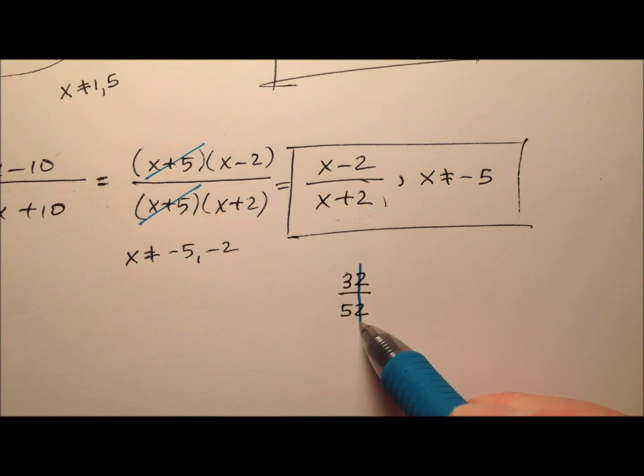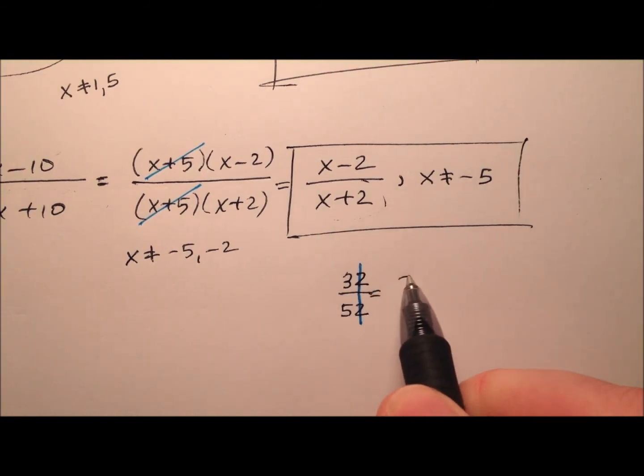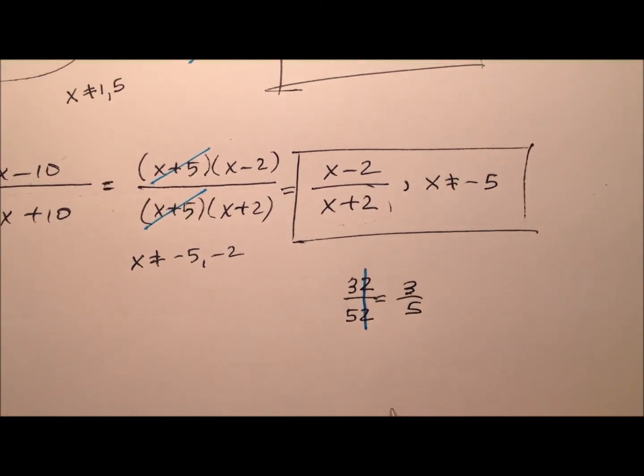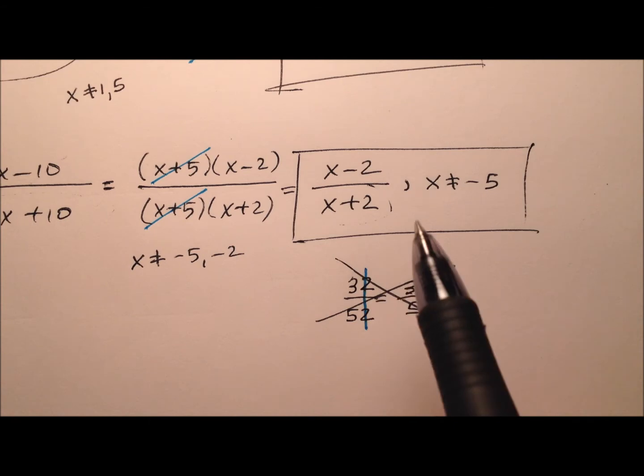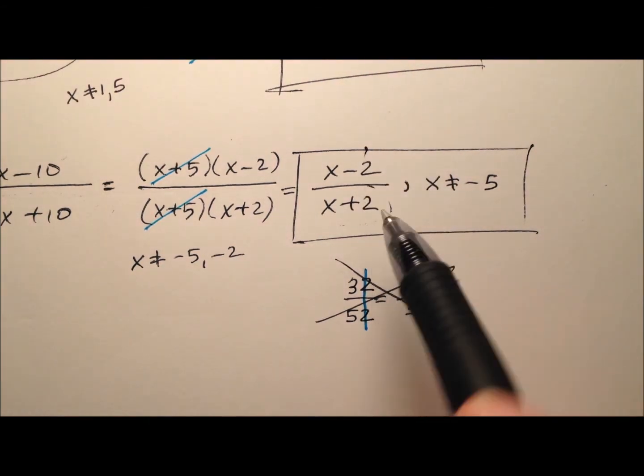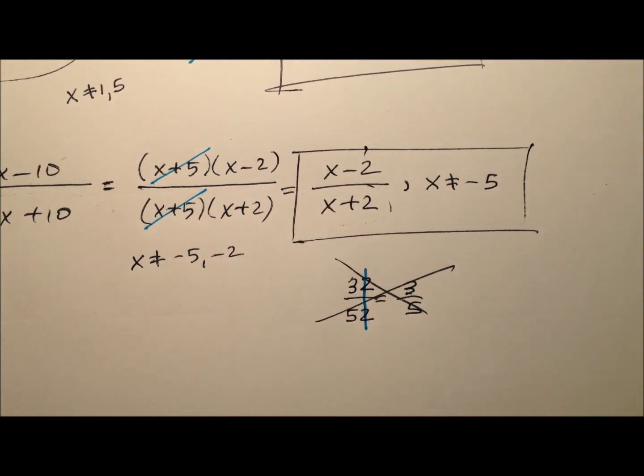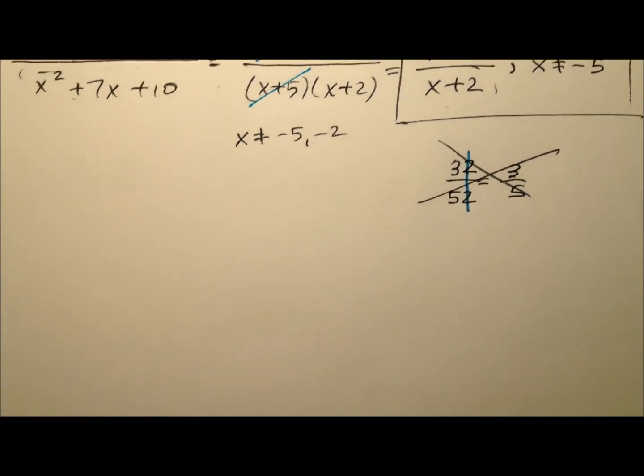So let's go ahead and cancel those 2 out, and we have 3/5. Okay, you can't do that, right? You know you can't do that. That's crazy talk when you look at it that way. So don't cancel the 2's right here or the x's here. Okay, the x minus 2 and the x plus 2 are binomials. They stick together. Let's do one more example.